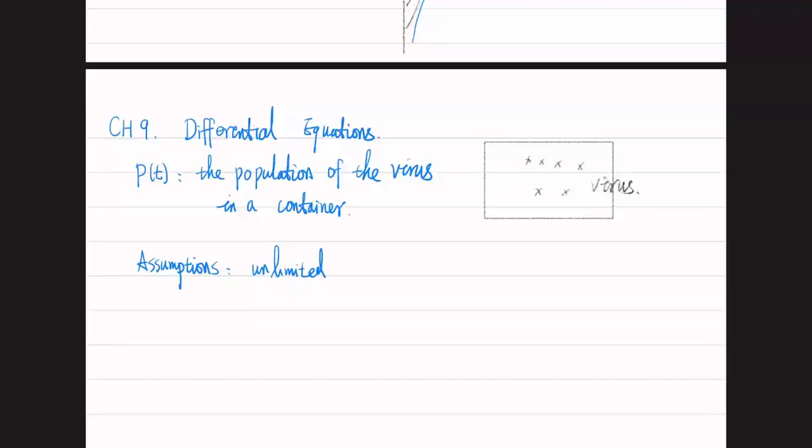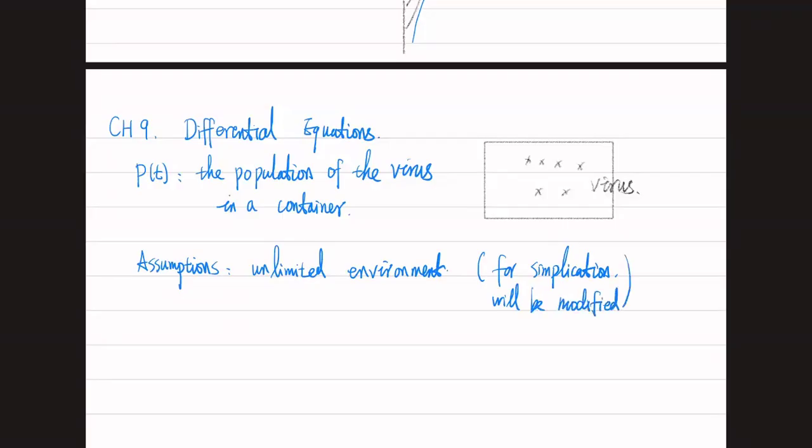And we will make corrections to our assumption later. This is for simplification, and it will be corrected later. It may be modified. Okay. So we want to get our calculations moving.